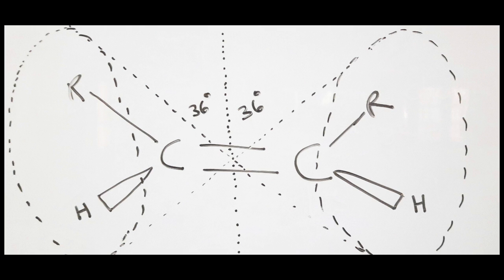The two cone-shaped structures indicate the anisotropic effect produced by the circulation of pi electrons in the carbon-carbon double bond. The two circle-like structures in the cones represent the totally de-shielded area, where protons experience a paramagnetic effect when the molecule of ethylene is placed in a magnetic field B0.